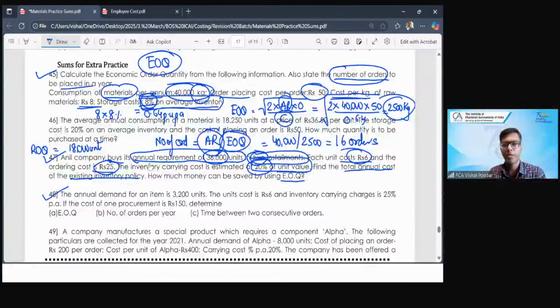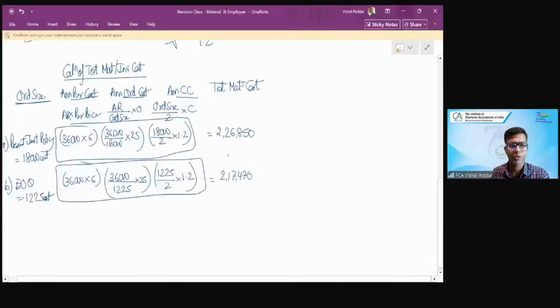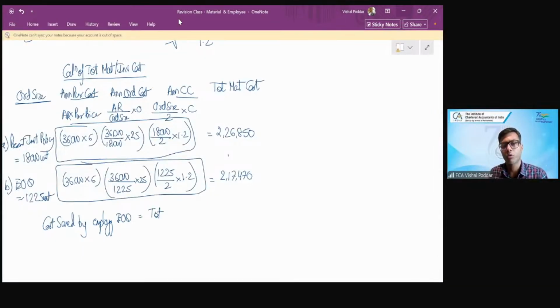Now what is the question saying? It is further asking how much money you will save if you start using EOQ instead of the present inventory policy. Now how do we find out the cost saved? So cost saved by employing EOQ is equal to total cost at present inventory policy, which is 18,000 units, minus total cost at EOQ, because this will be lesser.